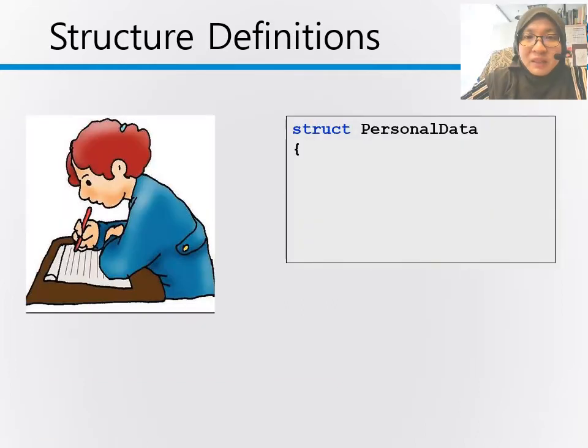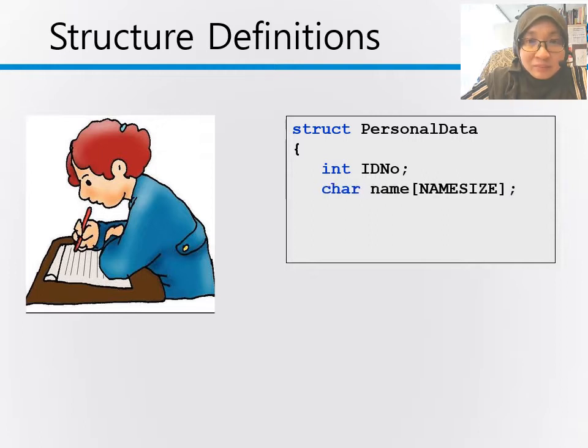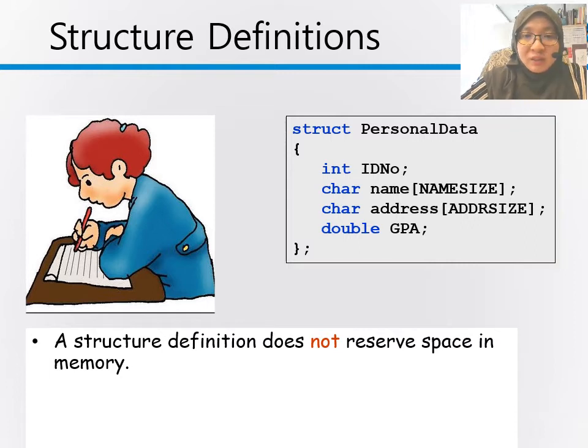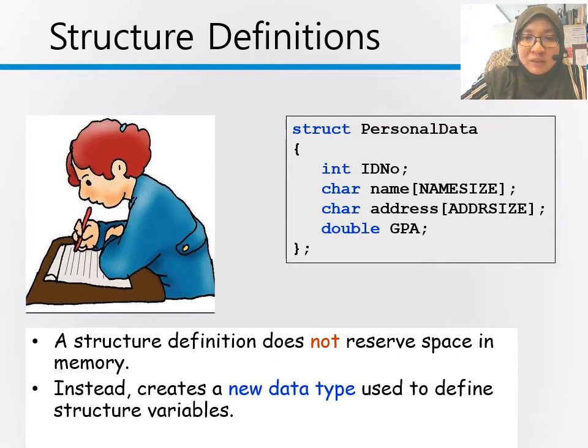Let's say we have a structure of personal data. We have integer ID number, character name, character address, and double or float GPA. A structure definition does not reserve memory space, but instead creates a new data type, which is then used by structure variables.